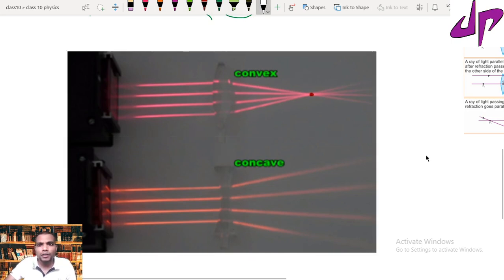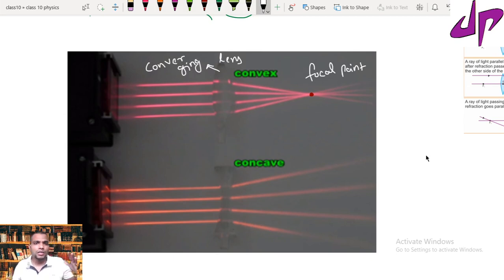That point we call the focal point. This lens we also know as a converging lens. Why? Because light rays come all the way like that, pass through the lens, and then converge. Converging means they concentrate at a point. So the convex lens is known as a converging lens.